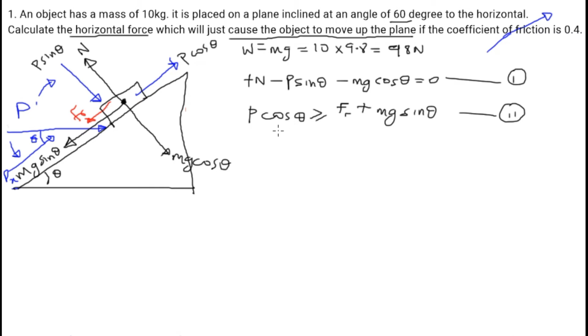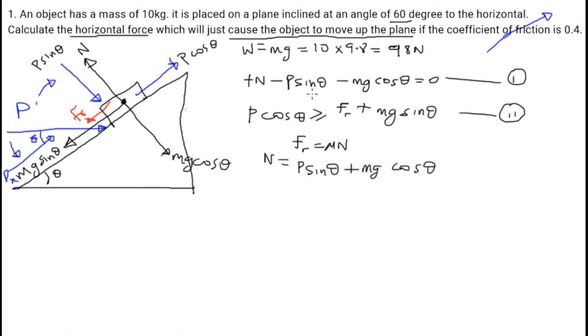But we need to find an expression for Fr. Recall that Fr is equal to mu N, and we can get an equation for N from equation 1 by making N the subject of the formula, so that N becomes P sin theta plus mg cos theta.